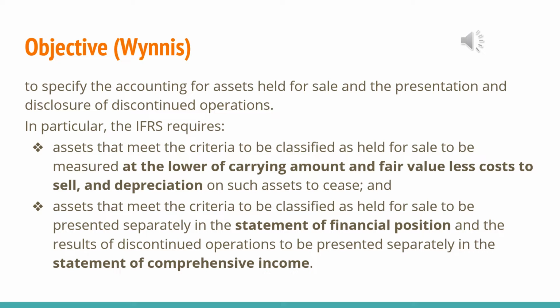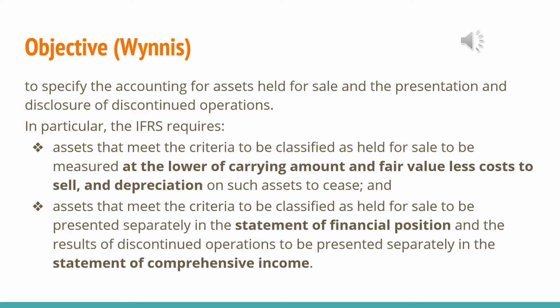The measurement requirements of this IFRS apply to all recognized non-current assets and disposal groups, as set out in paragraph 4. IFRS 5 requires that immediately before the asset is classified as held for sale, it should be measured under its applicable IFRS.